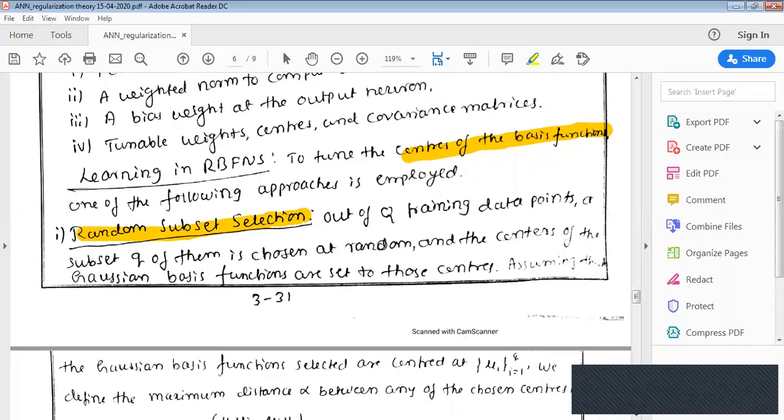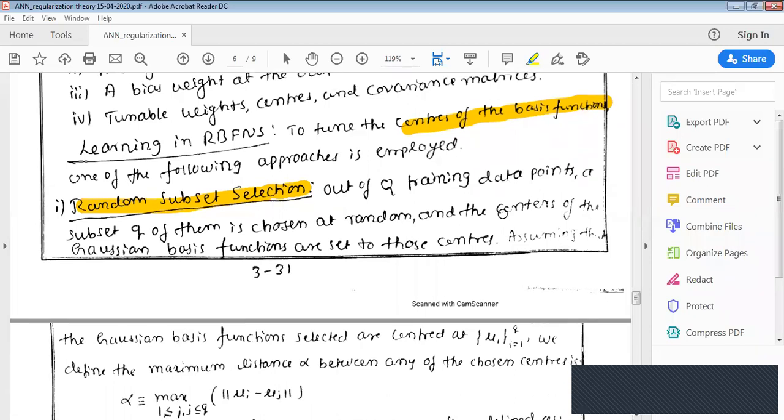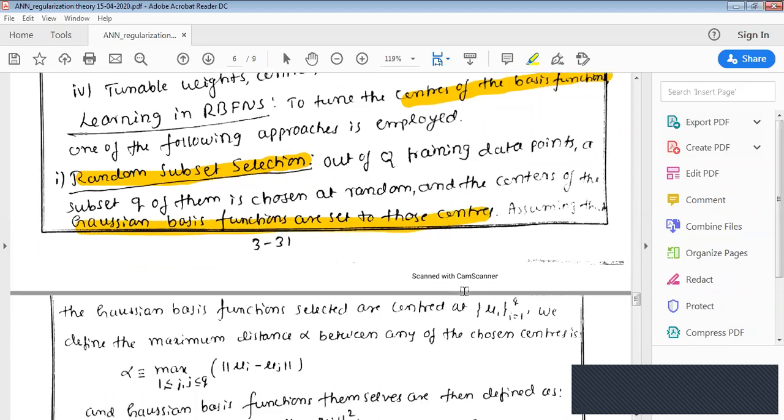Out of Q training points, let us say there are 100 training points, you choose only 20 or 30 of them. These training points are chosen totally randomly, like 20, 50, 35, 46, and those act as the centers for the selection. The centers of the Gaussian basis functions are set to those points. These 20 points will act as centers.